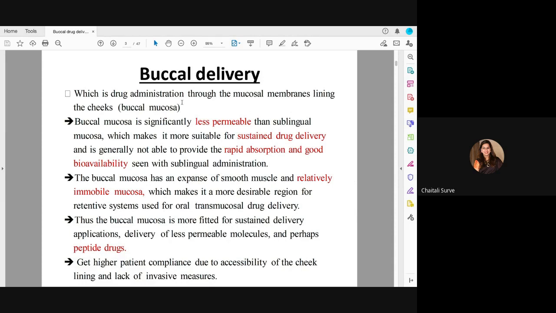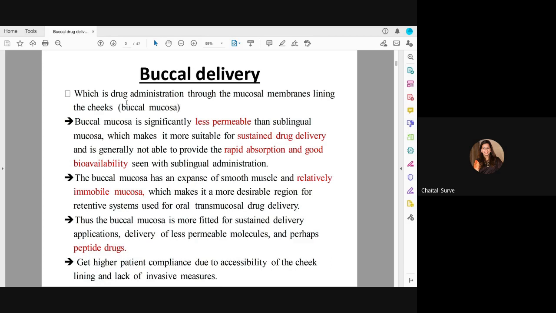Now, for buccal delivery, this is a drug which is administered through the mucosal membranes lining the cheeks, that is your buccal mucosa. So, when you say that your drug is delivered through a buccal delivery, it is when your drug will be administered, or it will be kept in the mucosal membrane lining between the teeth and the cheeks.